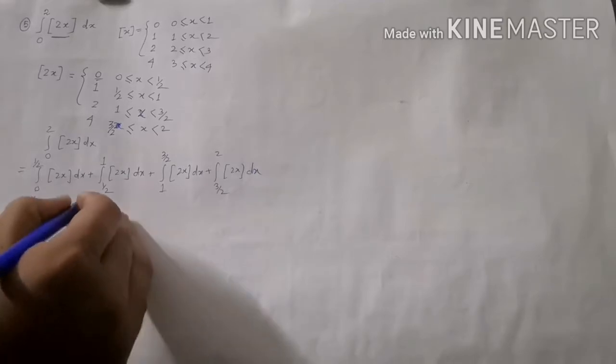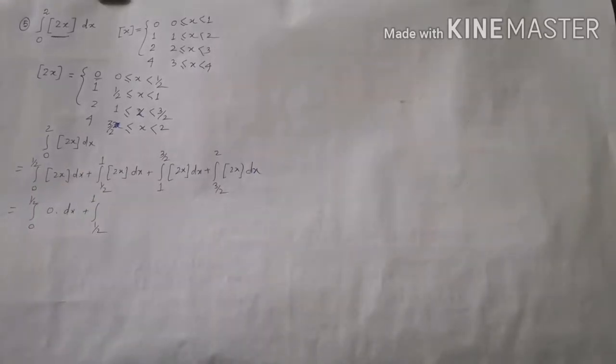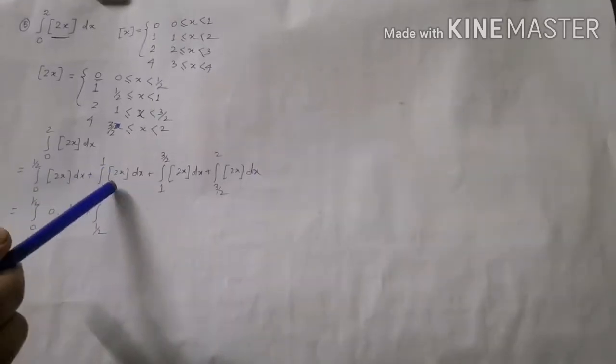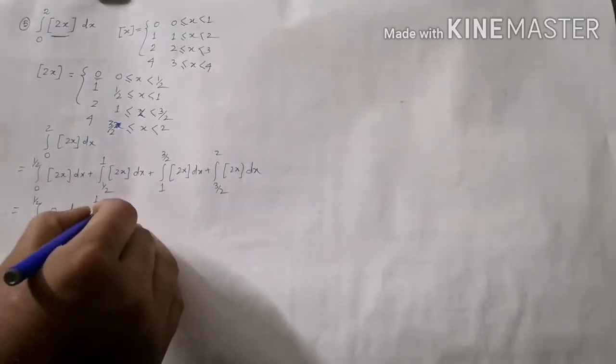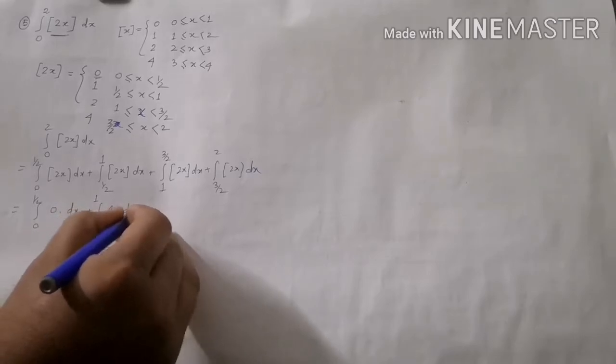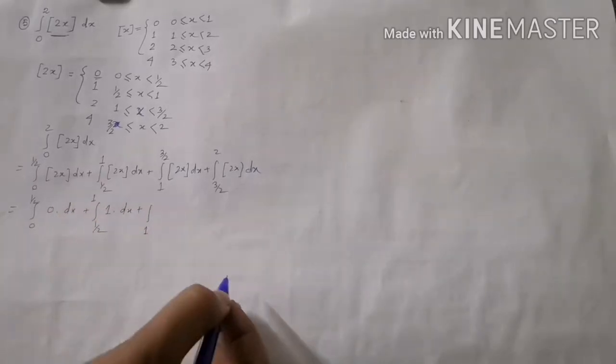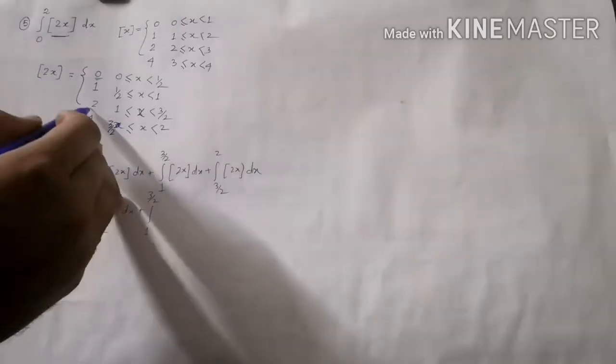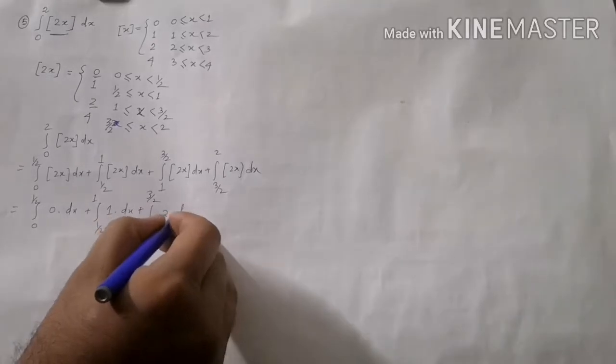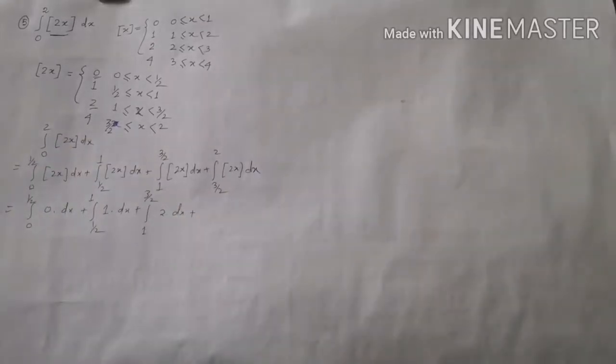Next, from integration half to 1, the value of [2x] will be 1. So let us put 1 into dx, and integration 1 to 3 by 2, here the value of [2x] equal to 2. So let us put here 2 into dx, and integration 3 by 2 to 2, the value of [2x] is 3.